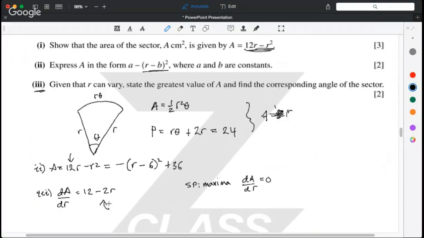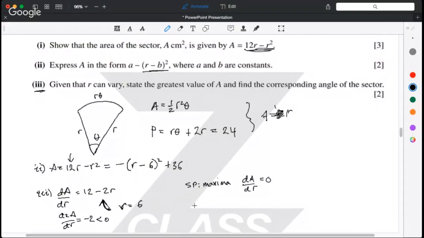But if you look at this, you can see that setting it to 0 will only give you one solution for r, and that's r is equal to 6. So if you do the second derivative, you'll find this is equal to minus 2, which is less than 0. So there's only one stationary point, and it's a maximum.